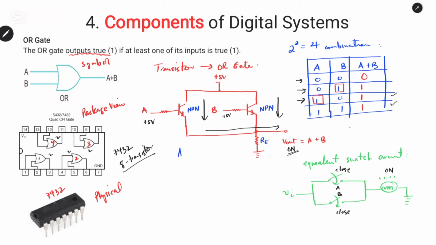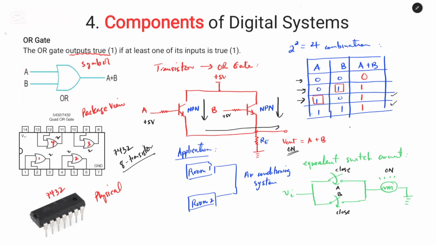And if we look at the application, considering the two rooms that we discussed previously, room 1 and room 2, we have the air conditioning system. In the previous AND gate, we described that both rooms must have temperature greater or equal to 30 degrees in order for the air conditioner to supply the cool air to those rooms.